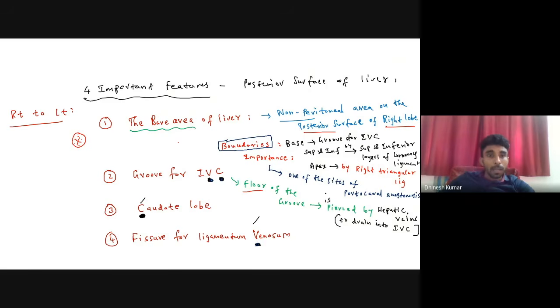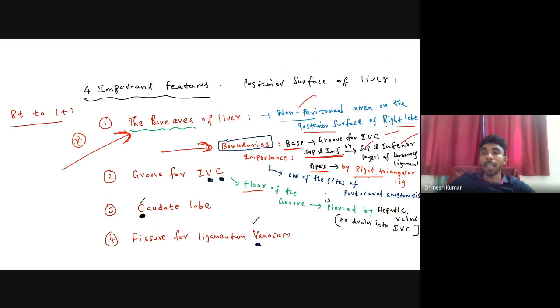So remember the boundaries of the bare area of the liver. It is the non-peritoneal area on the posterior surface of the right lobe of the liver. As I told, the base is formed by the groove for IVC, superiorly and inferiorly bounded by the superior and inferior layers of the coronary ligament.